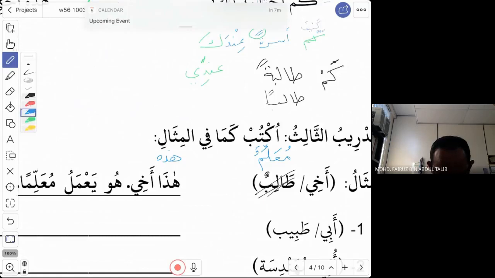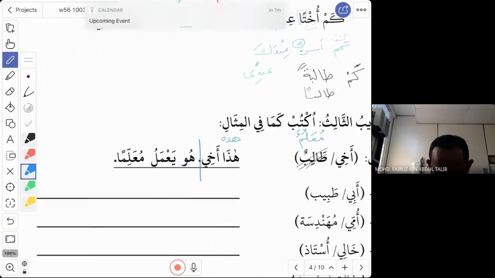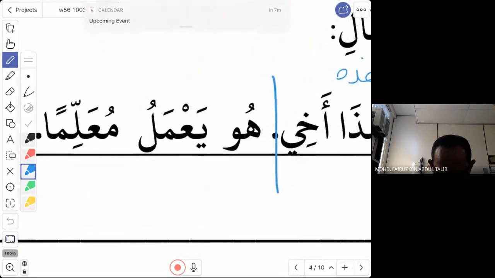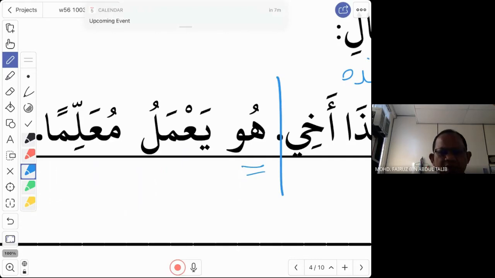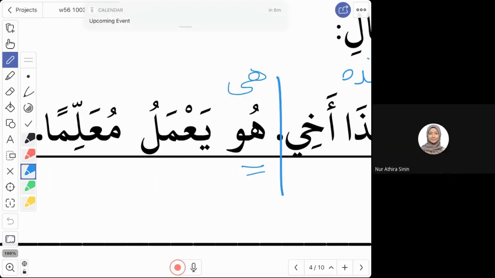And the second question, look at the second sentence. They say, huwa ya'malu mu'alliman. Now, they want you to use the correct dhamir, whether it is huwa for he or she. What is the word for she? Huwa is he and she is hiya.